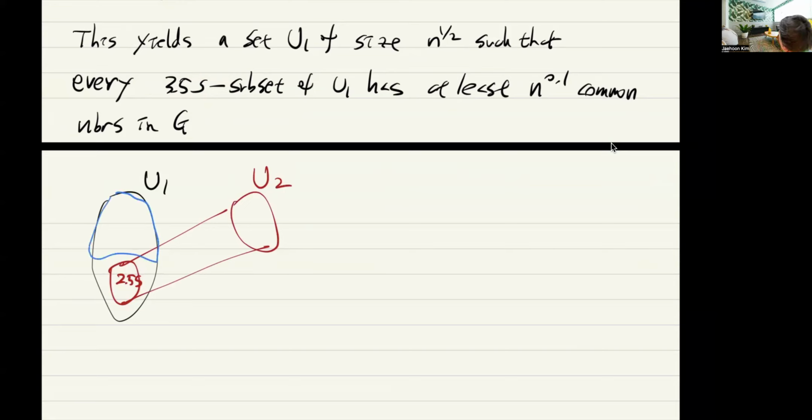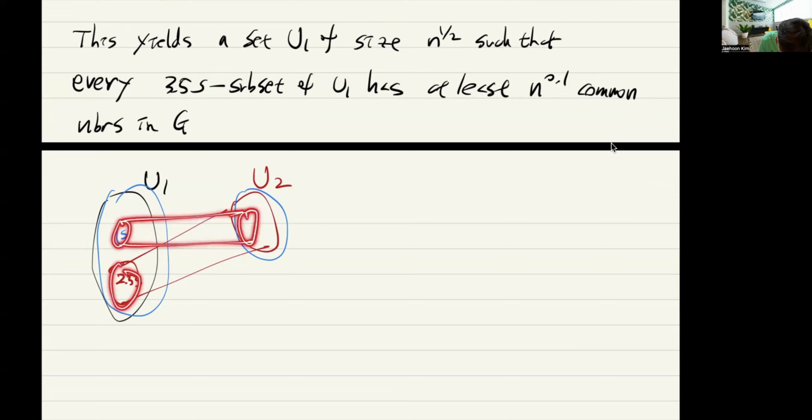Then you take this U1 and this U2, and no matter how you take these s additional vertices, some of these vertices might be chosen again. One vertex chosen multiple times is okay. These s vertices together with this set have a large neighborhood in U2, because the common neighborhood of all of these is a subset, which is still large.